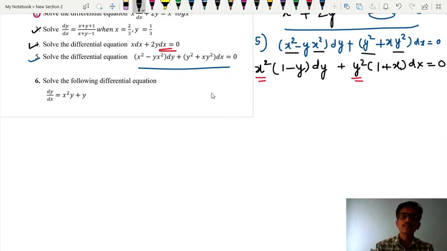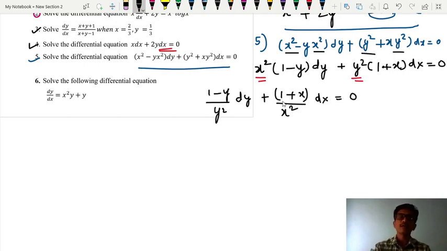So this x square is getting cancelled. Here we get 1 minus y divided by y square into dy plus, x square y square also divided, so y square is getting cancelled, here we get 1 plus x upon x square dx. Right hand side is 0. Now it is in variable separable form, so we integrate both sides. So integrate this.